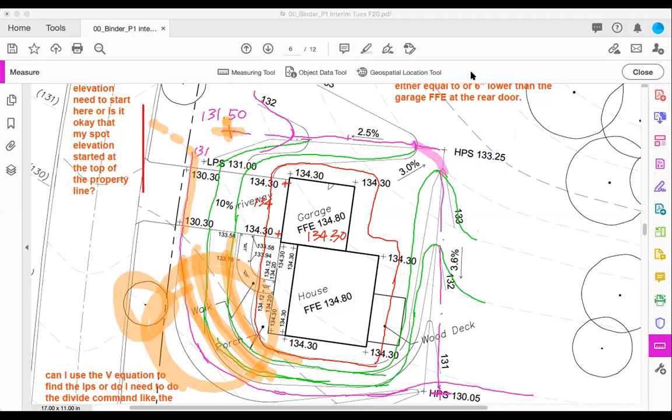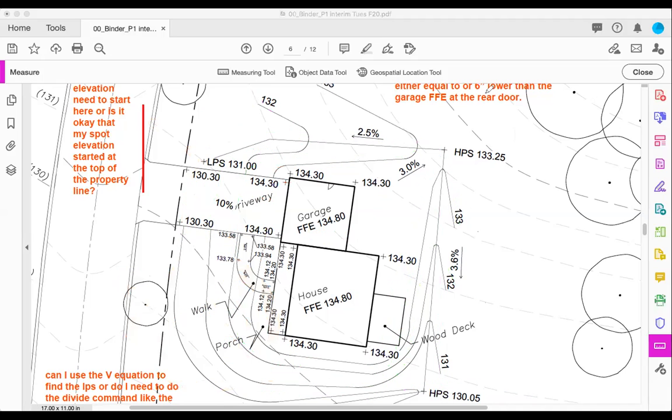Yeah. So the reason being, if the garage is the same as the FFE, at 134, that will be 134, right? But the exterior area here needs to be lower, the ground here, not the porch, okay? For a second, pretend that the porch doesn't exist.